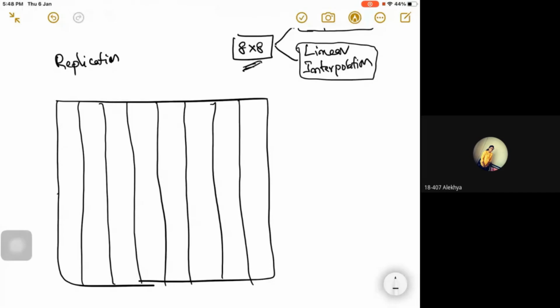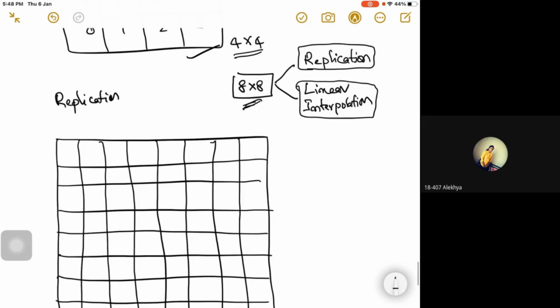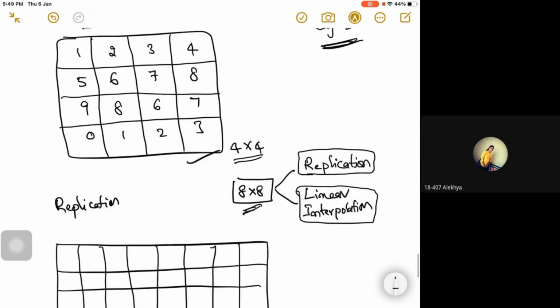Then rows also in a similar way. Now, in this, write the original image as it is by keeping one row and one column gap.